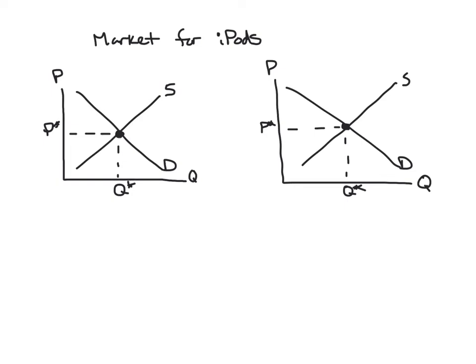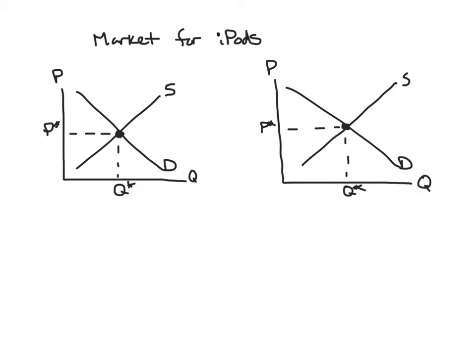In example number 6, we're considering the market for Apple iPods, and we have two different factors impacting our market. The first thing is that surpluses in the semiconductor industry mean that the cost of a hard drive that Apple uses to make iPods falls.